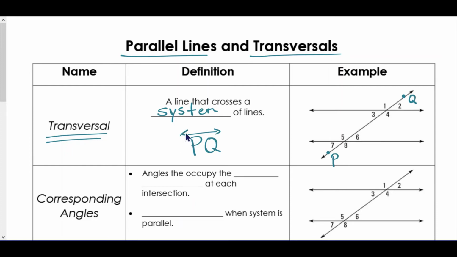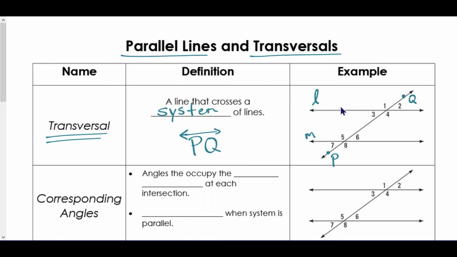That is our transversal. And it's cutting across, let's just label these with one letter, line L and line M. So PQ cuts across these two lines. That's my system that I'm really referring to here, L and M, and PQ, that line, is the transversal.